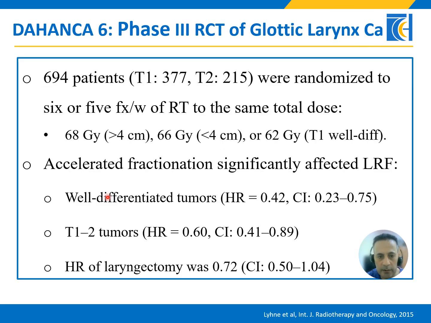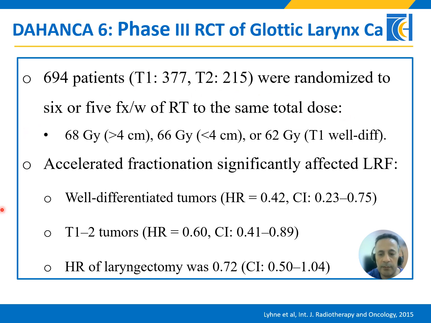Another important trial is the HANCA-6. This is a phase 3 randomized clinical trial that included patients with non-metastatic stage 1 to 4 laryngeal cancer. However, most of the patients had T1, T2 disease, and were randomized to 6 versus 5 fractions per week to the same total radiation dose.